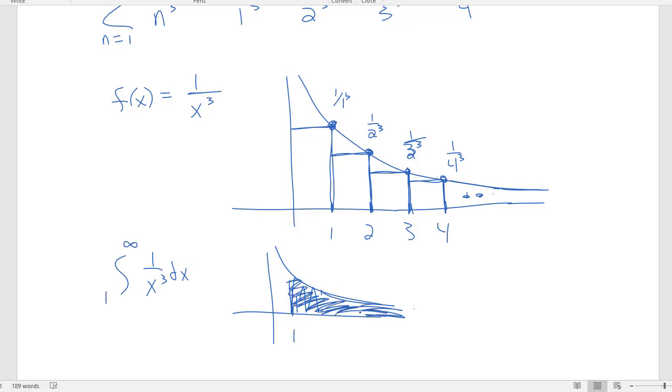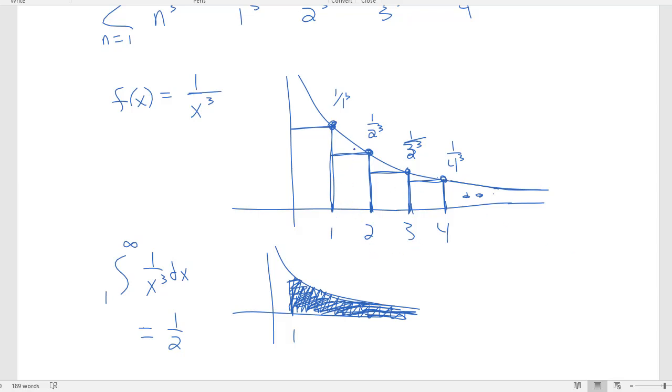So again, back in that section, we would look at that interpretation. We'd say, well, it looks like that area could possibly be infinite, but we would find out in this case it wasn't. So we're making the connection to these approximating rectangles. And so we're going to get the same behavior out of the series, right? If the true area under this curve is finite, and we found out that true area was 1/2, if I remember correctly, then the area of these rectangles is also going to be finite, right?